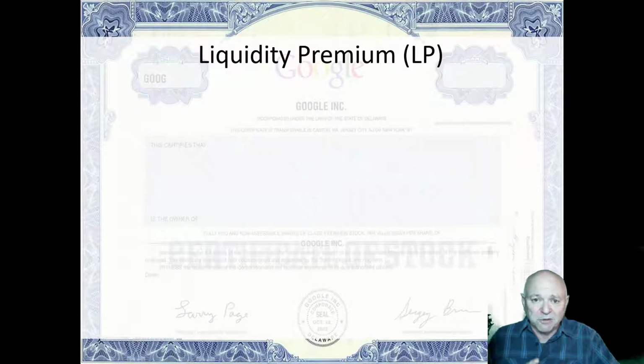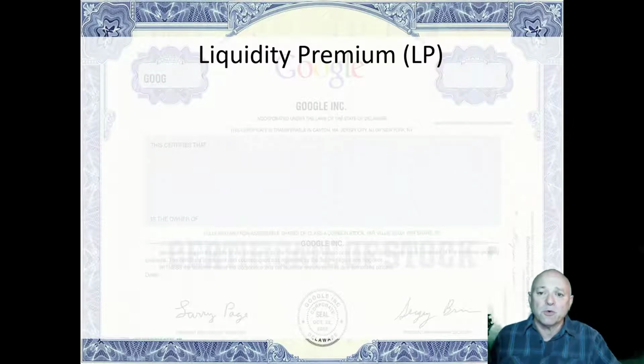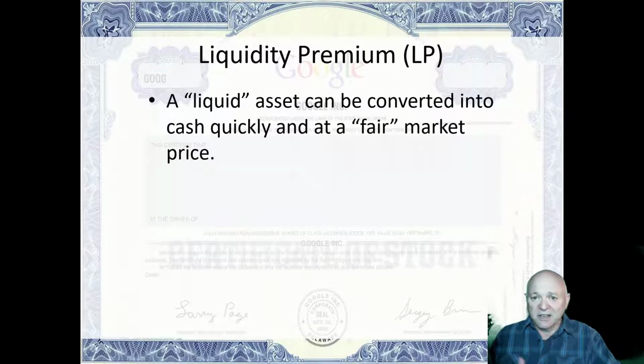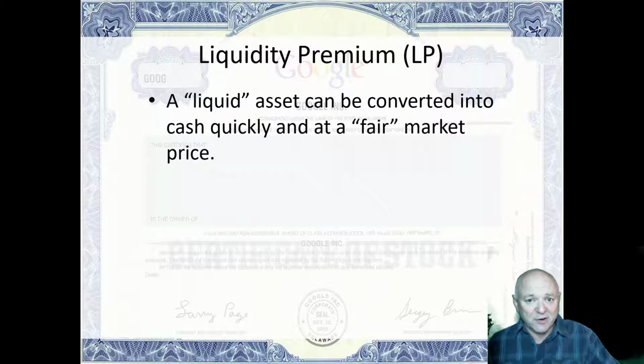So that's a little bit about default risk, and we'll talk a little bit more about that in a little while, but let's jump ahead to liquidity premium. Essentially, an asset is liquid if you can convert it into cash quickly and get full price when you do that. If you have a very specialized asset, it might be quite valuable, but sometimes it's hard to find a buyer.